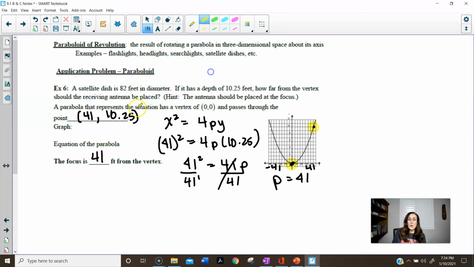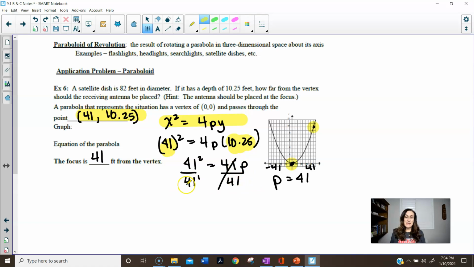From there, we want to figure out what the focus is. So we'll take the equation x squared equals 4py. There's no h, k because I put the vertex at 0, 0, and then simply plug in x, which is 41, and plug in y, which is 10.25. When I take 4 times 10.25, I get 41.